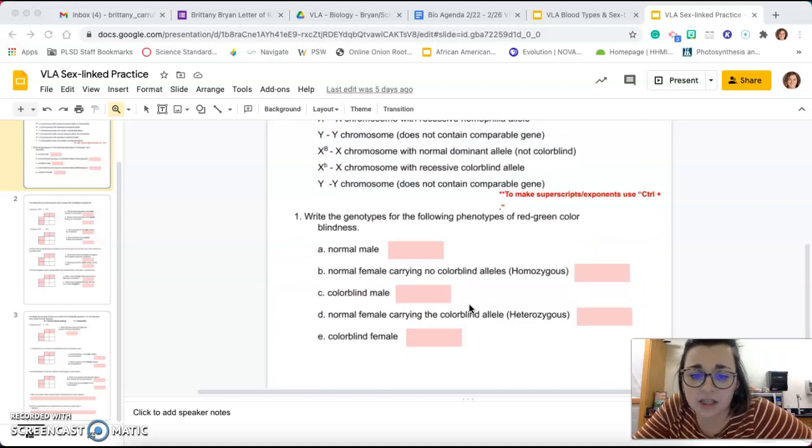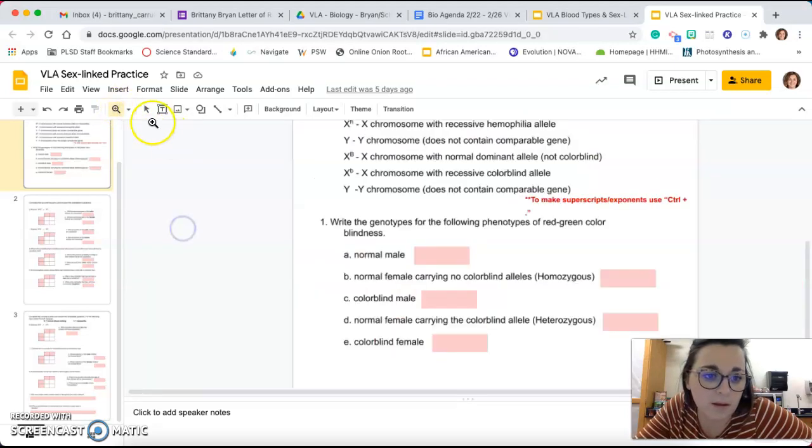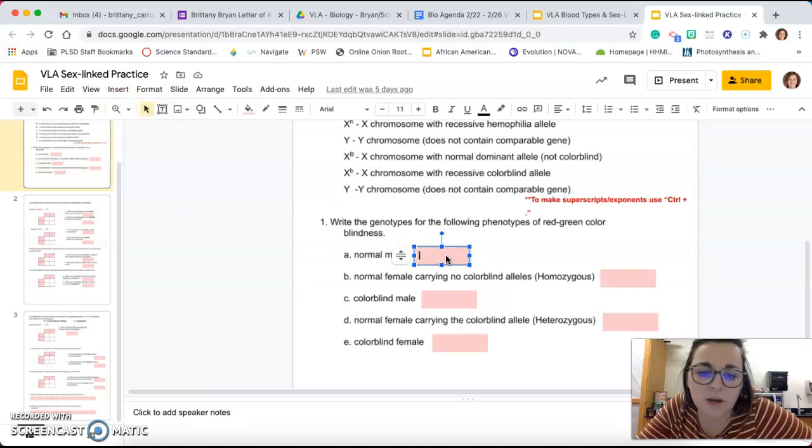So when we write the genotypes here, a normal male, for example, we'll click in the box here, and we are going to write just like we did with blood types.